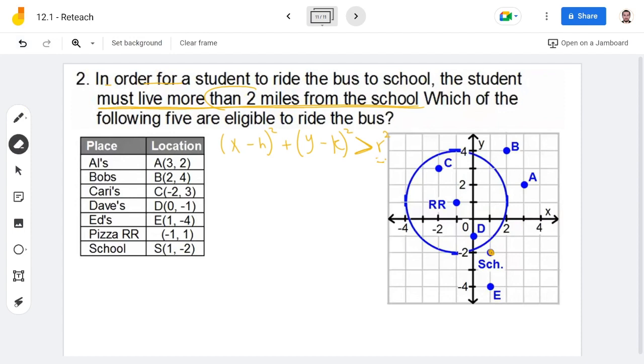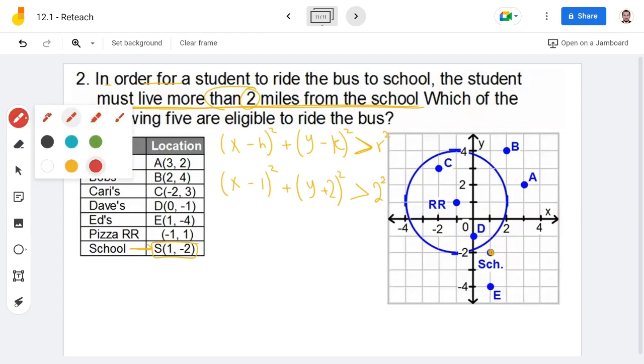Now let me draw the circle of the school. First let me write the equation. The school coordinate is this one. So it will be (x minus 1) to the power of 2, always opposite sign, plus (y plus 2), all of that greater than r. R is given, which is 2 squared.